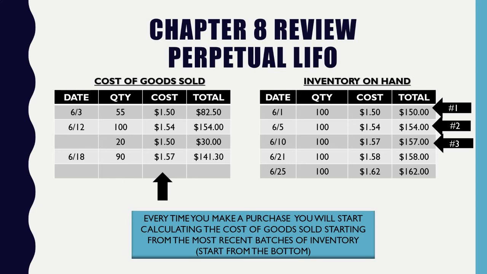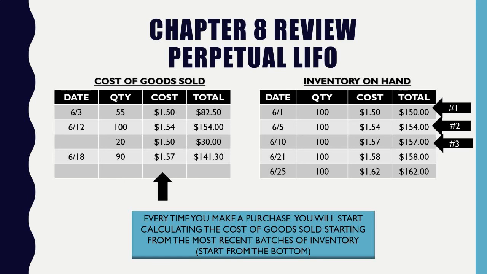So we could have leftover beginning inventory, or the first batch of inventory that we purchased. We could still have items left over in the middle somewhere. Every time that we sell a product, we're looking at which batch came in last. So there's no real direction here, but we are constantly going from bottom to top, and we'll continue going bottom to top every time we make a purchase.